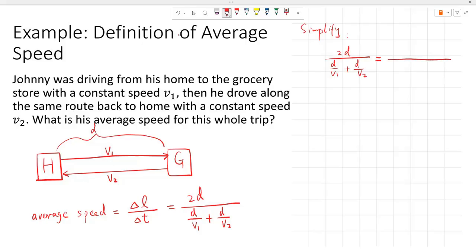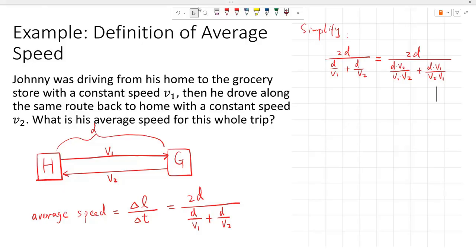So let's write the first fraction in the denominator as d times v2 over v1 times v2. And we can do the same thing to the second fraction, but instead of multiplying by v2, we multiply d by v1 on the numerator, and on the bottom we have v2 times v1.